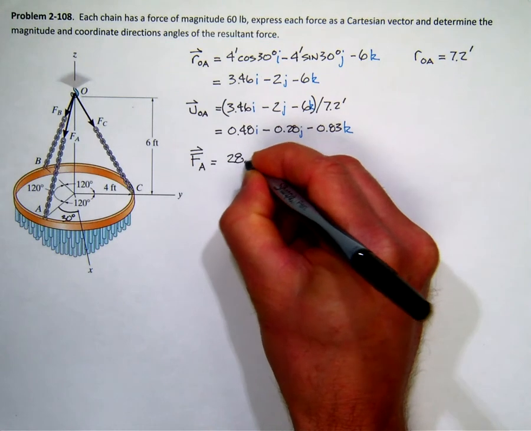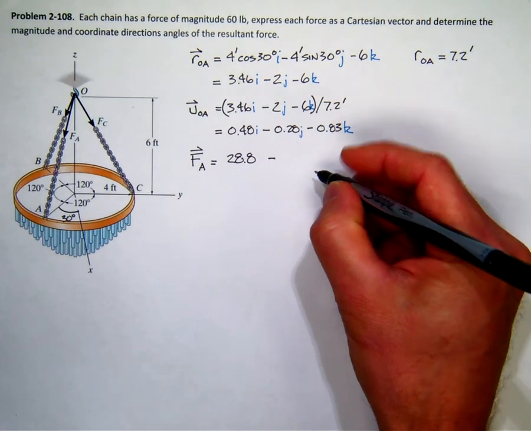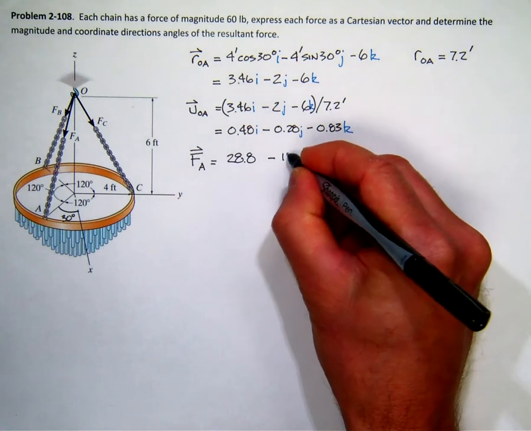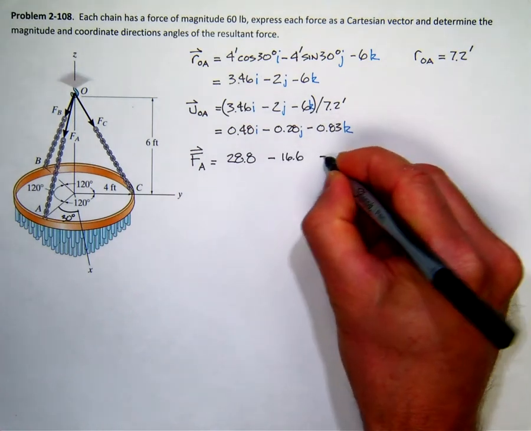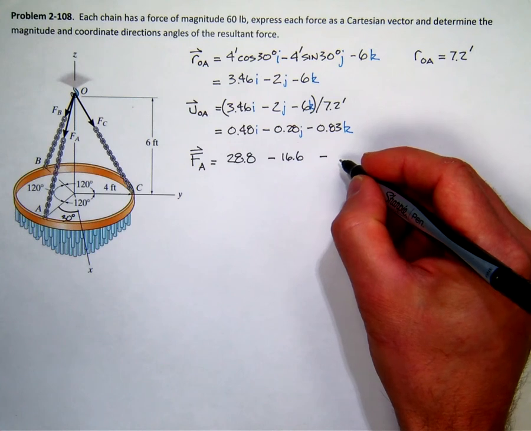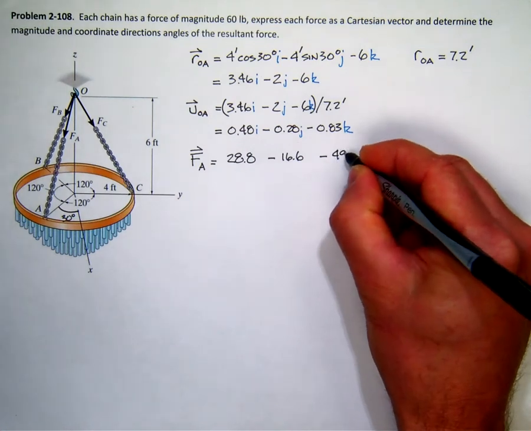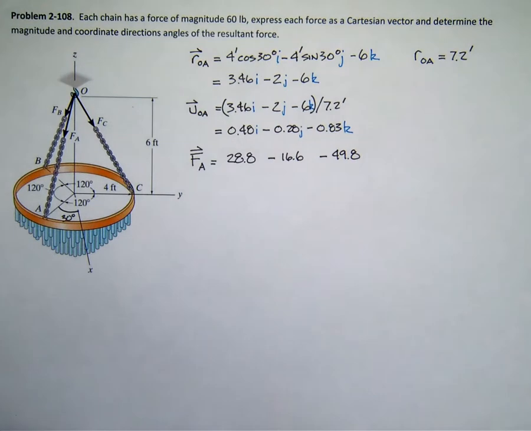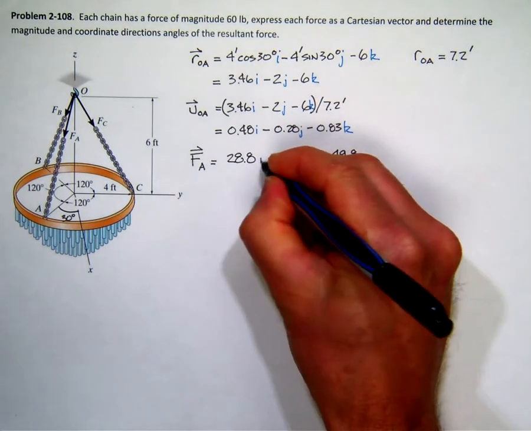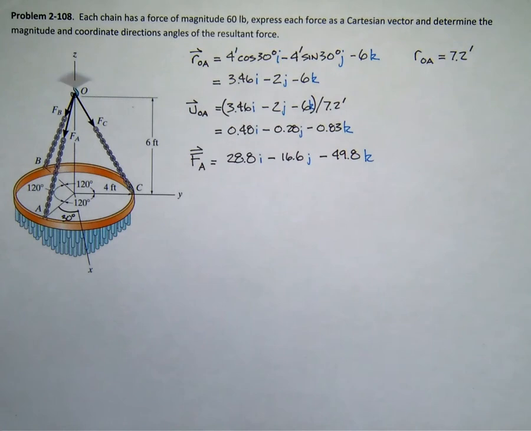Okay, great. That sounds reasonable. What's the j component? 16.6. And then the last component? 49.8. Hopefully we did that right.